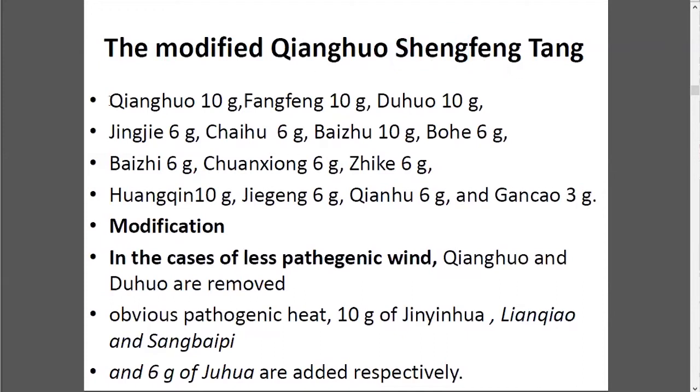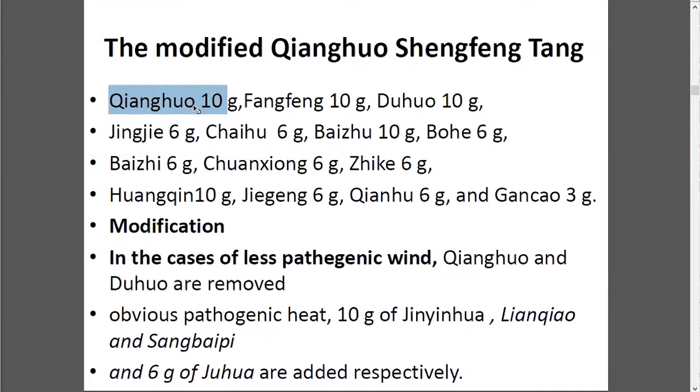They put 天活 as the king herb here, and 防风 disperses wind. 天活 and 毒活 we commonly use together. 天活 is pretty good to relieve wind dampness in the upper part of the body, and 毒活 relieves wind dampness from the lower part of the body, but you can use them together.